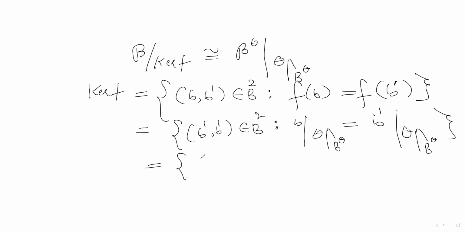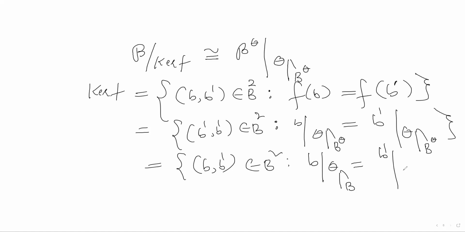And this is the same as the set of (b, b') belonging to B square such that the class b over theta restricted on B, because B theta is actually the collection of the theta classes of elements of B, is the same as b' over theta restricted on B. So this means those elements of B which are actually theta related.